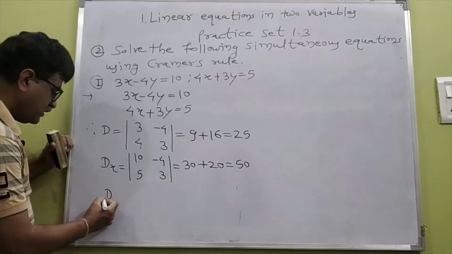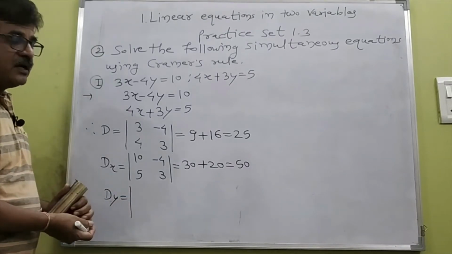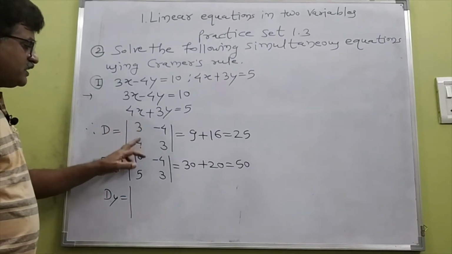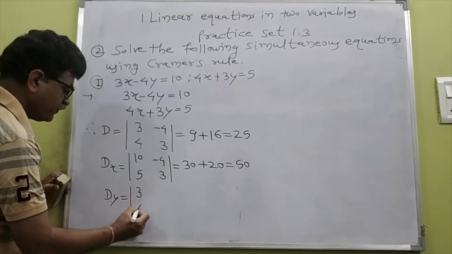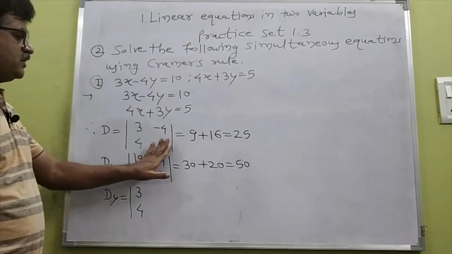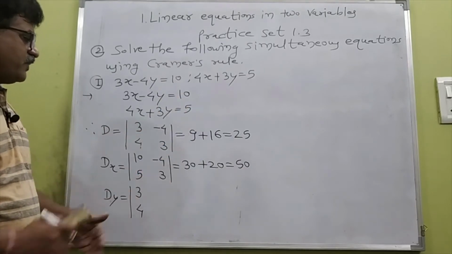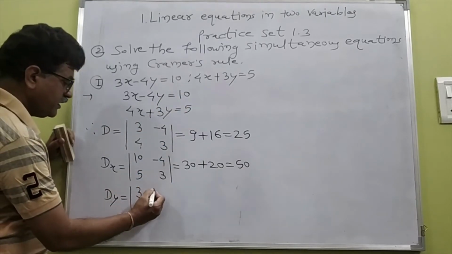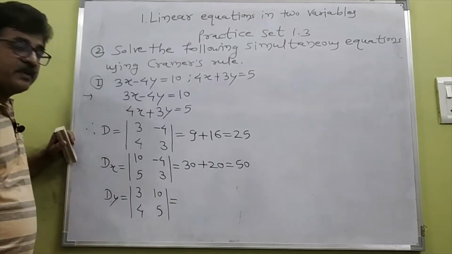Then dy is equal to determinant of, first column as it is, that is 3, 4, and instead of the second column, the coefficients of y, write the constant terms, 10, 5, is equal to.